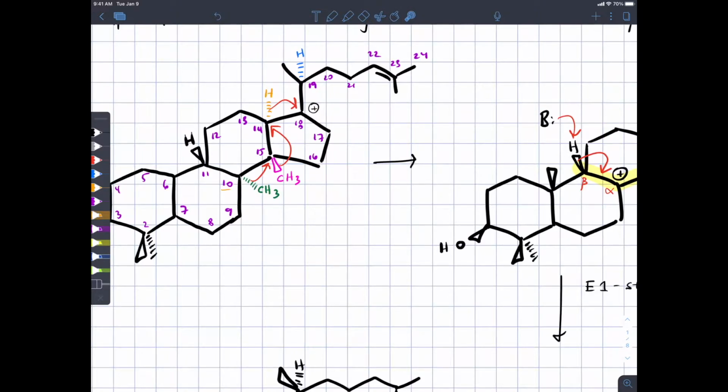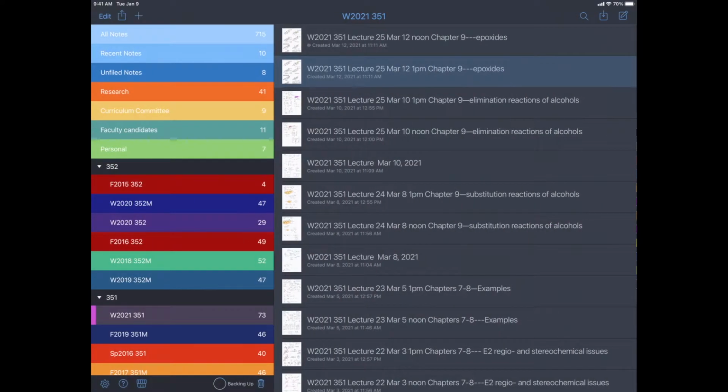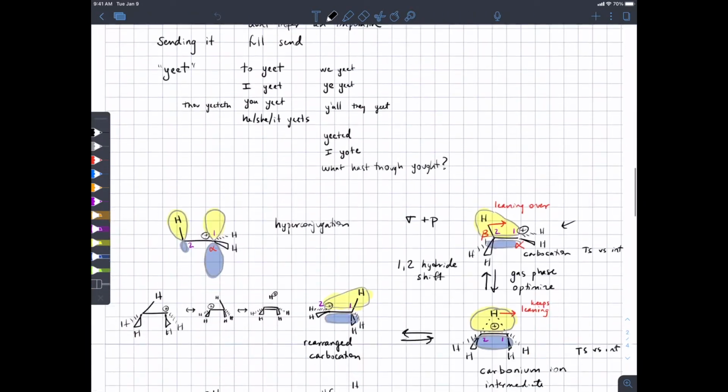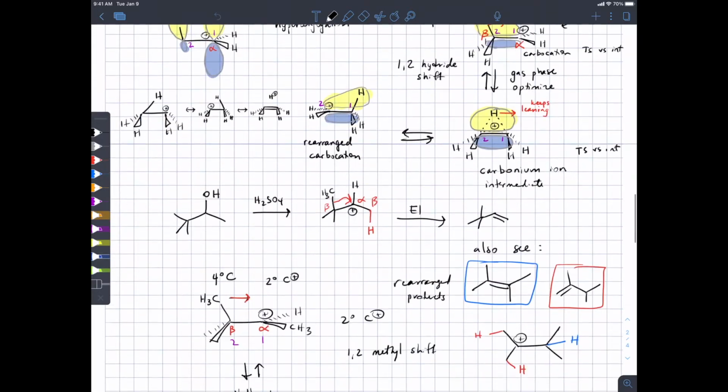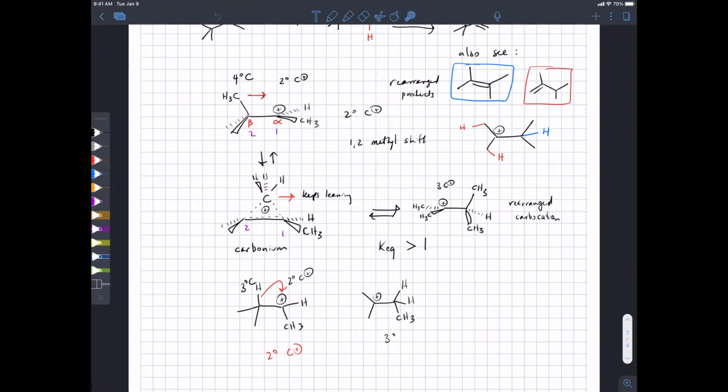Go ahead. I understand how hydrogens would move, but it kind of surprised me that those methyl groups would be able to move. Yeah, the methyl group can do rearrangement in that way too. It's larger than the hydrogen, but a methyl group can sort of lean over too, right?